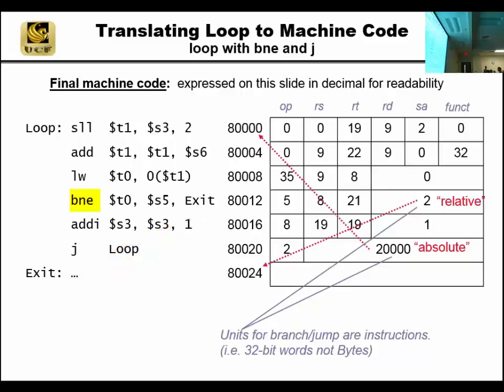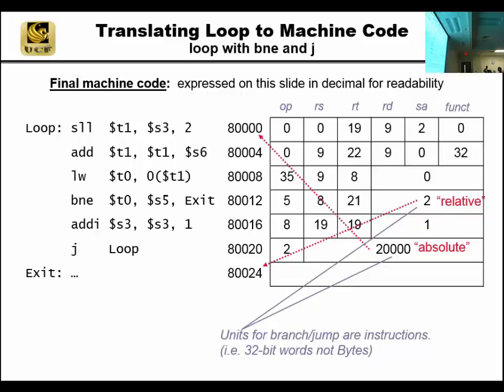How many instructions away do you want to go? Oh, good job. There you go. So what this is saying in some ways is the number of instructions you want to skip ahead. Pretty cool, right?